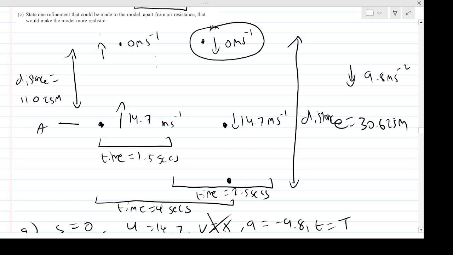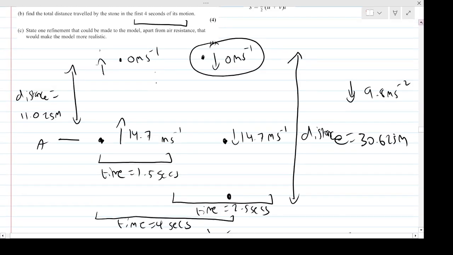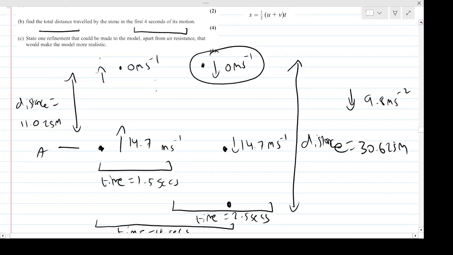Right, so now we can work out the total distance travelled in the whole 4 seconds. So the whole journey, the first part when it goes up, then the second part when it comes down, right? Well, we're going to add these two numbers together. That'll give me the total distance.